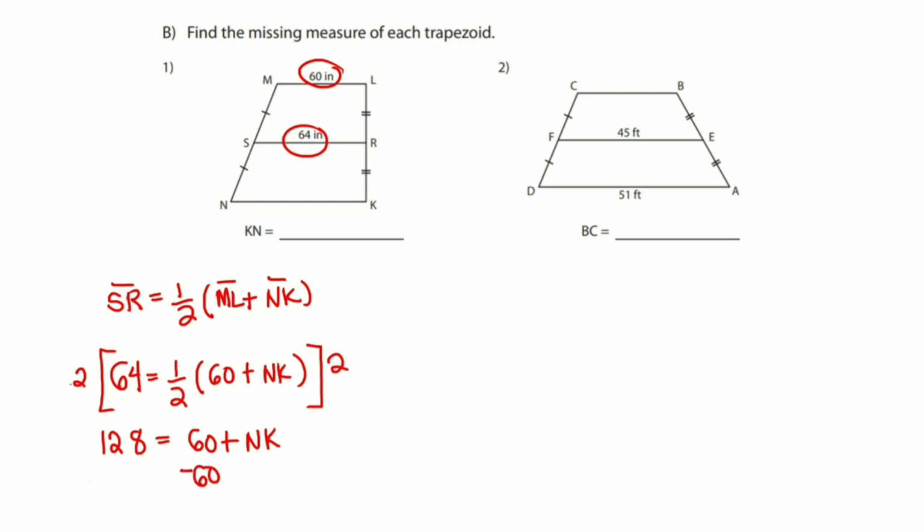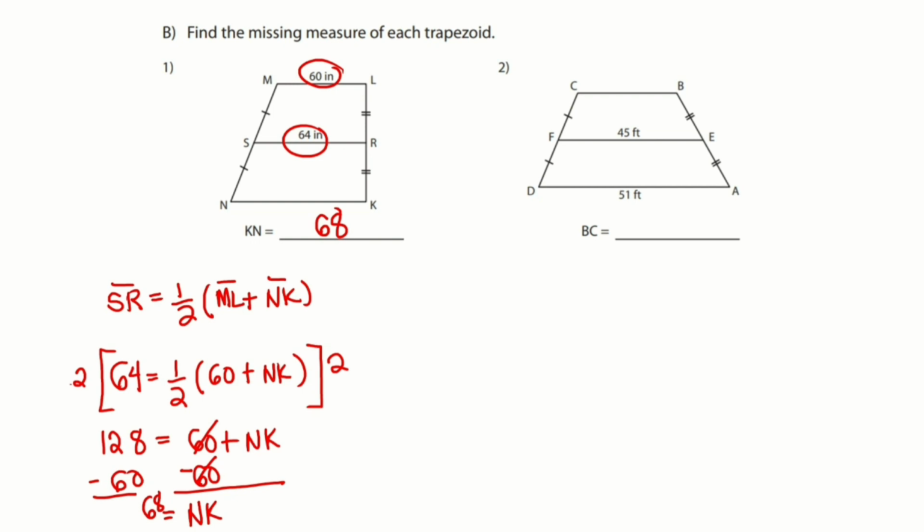Simplifying, this will produce 0 pair, and NK is equal to 128 minus 60. The answer is 68. So the measure of segment NK is 68.